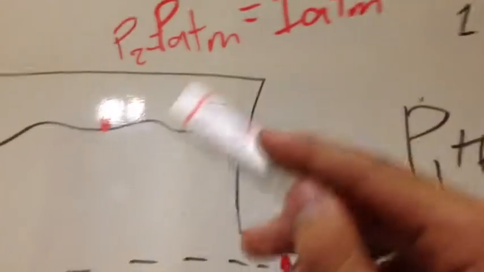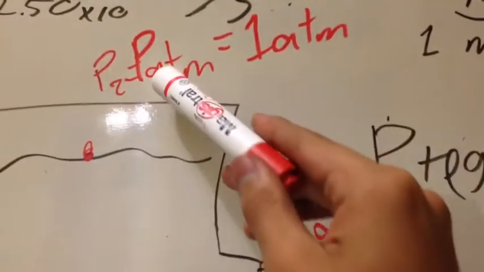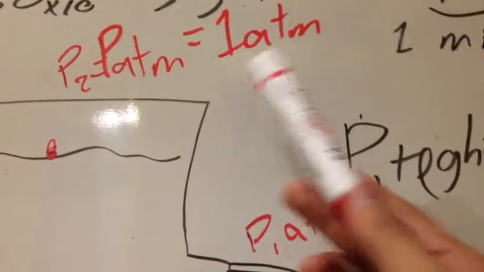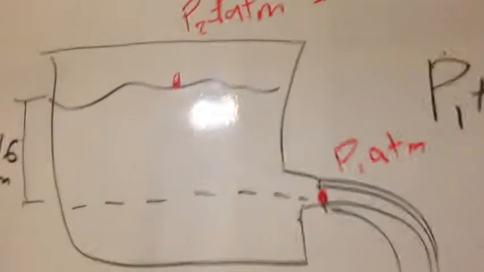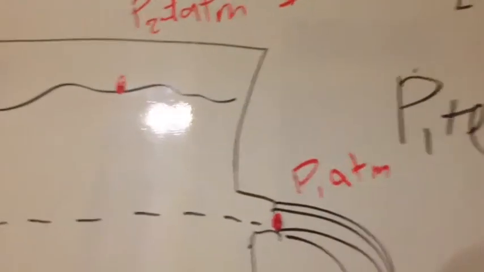And we can assume that the pressures are the same because they are open to the air, so they will be the pressure of the atmosphere, which is 1 atmosphere. For this case it is the water.